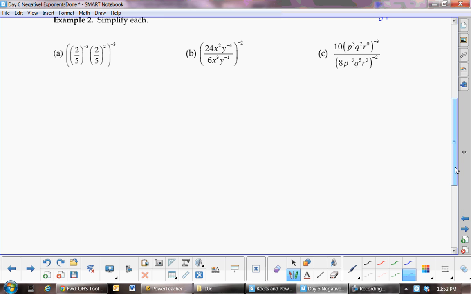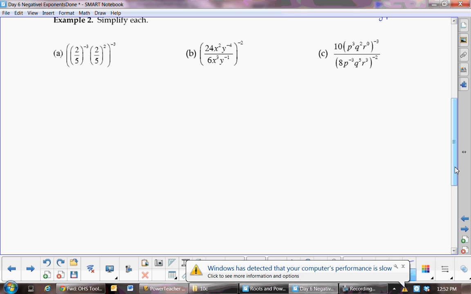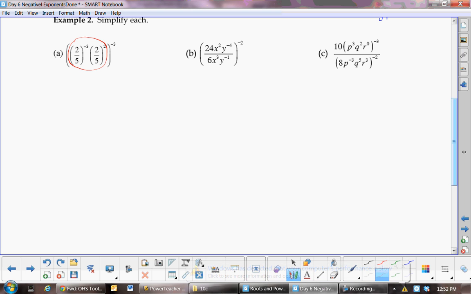I don't get it. Okay, so if we want to learn how to do these, you've got to work with me here. Now, the trick to doing it when there's a lot of stuff is to work from the inside out. So if I just concentrate on this right now, do you see I have a scenario where those bases are the same?